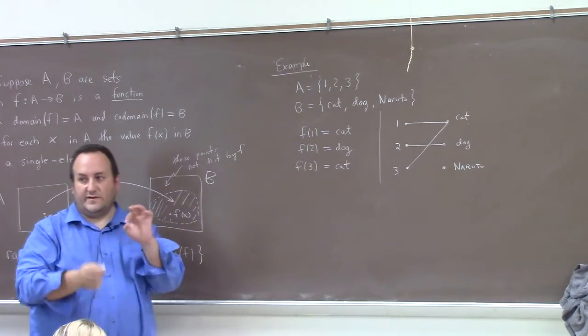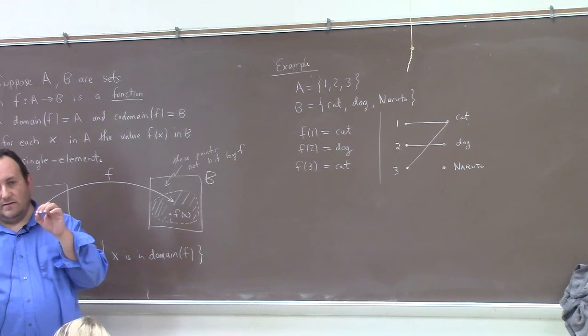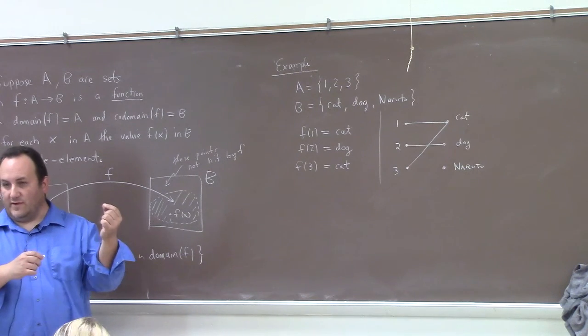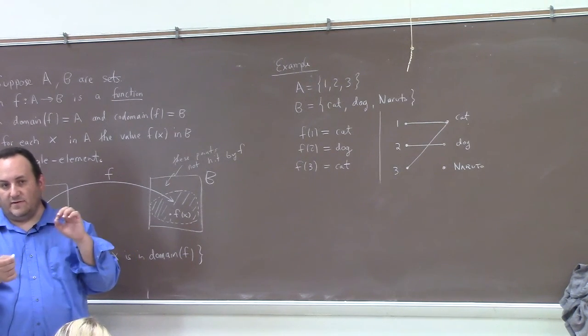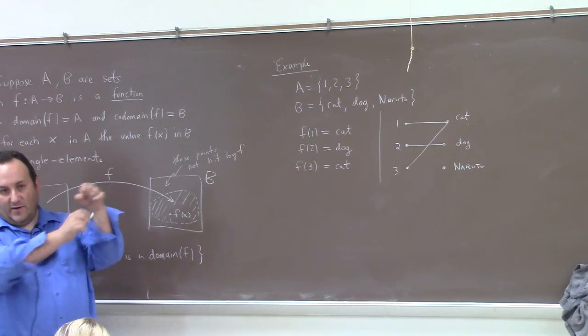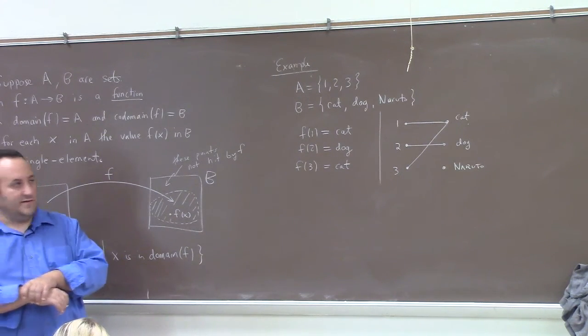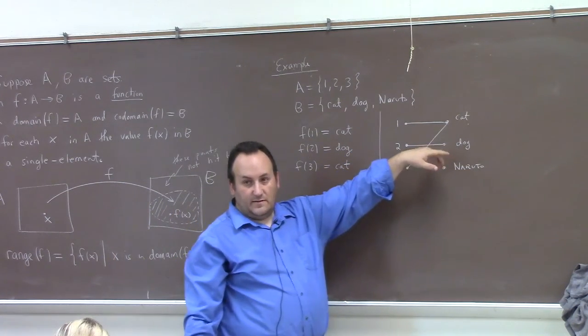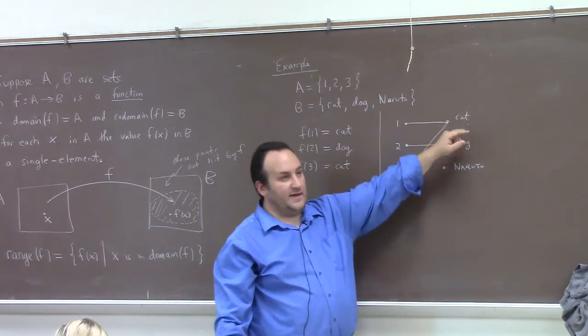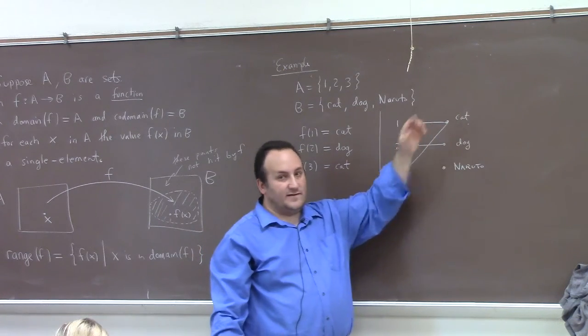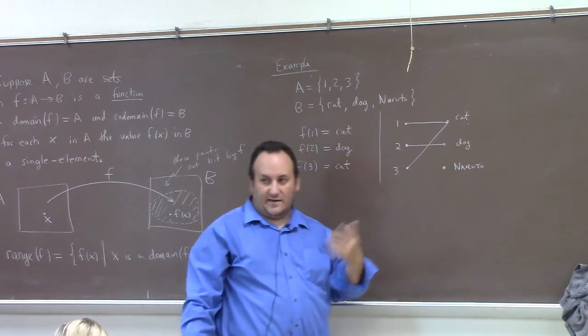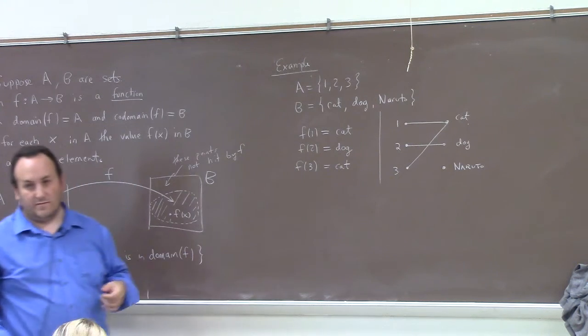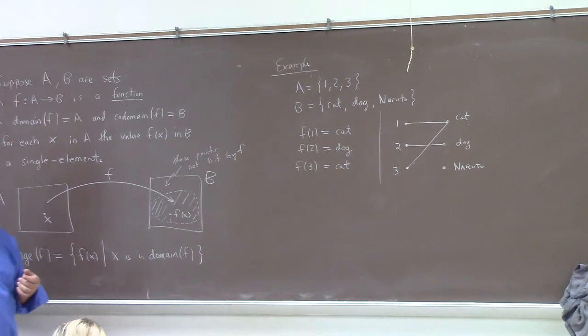It's okay for different elements of the domain to go to the same element in the range. Like 2 different elements in the domain can map to the same output. But what we can't have is like f of 1 mapping to cat and dog. Like f of 1 has to be a single thing. It can't be f of 1 is equal to cats and dogs, you know? Like this is not allowed. A function has one output for each input. Okay?